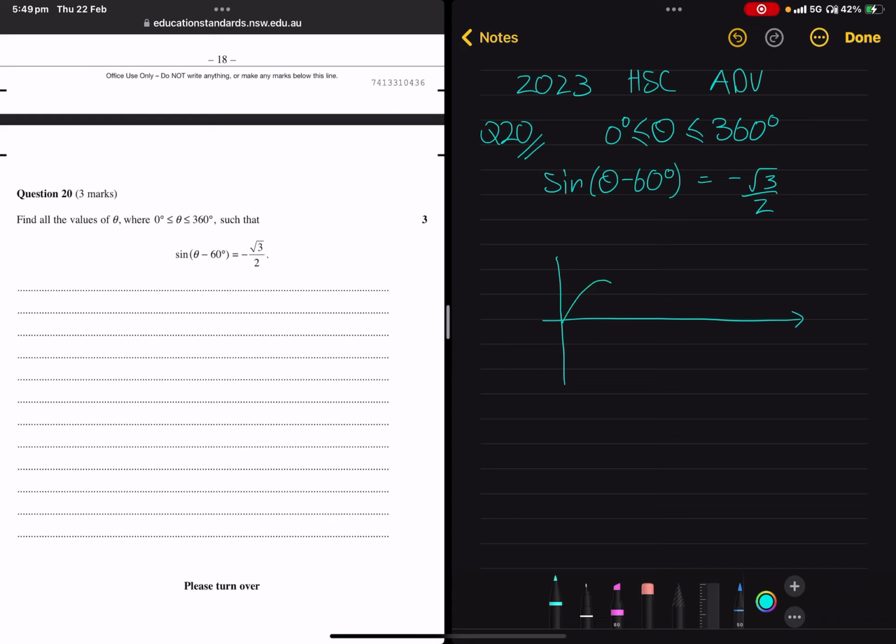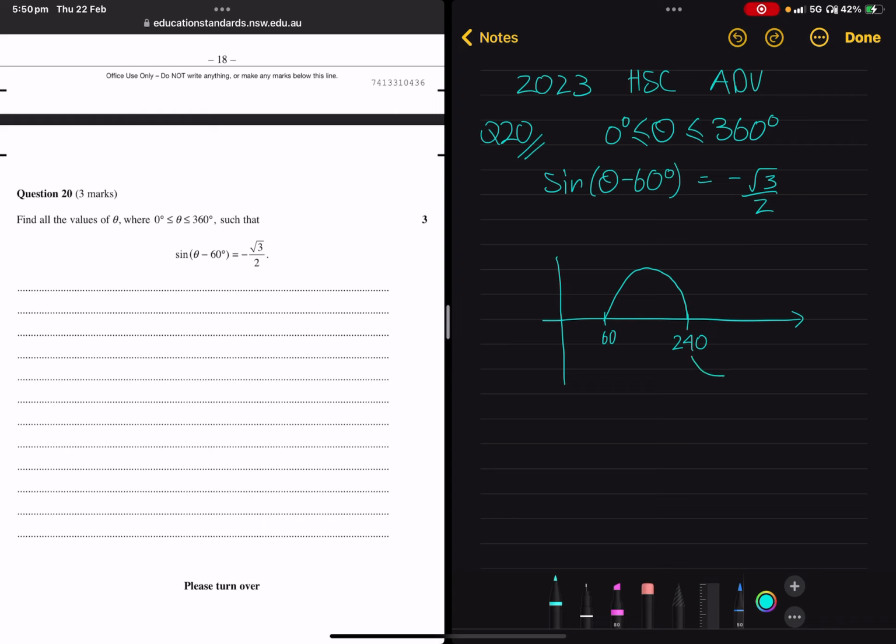Normally the sine function would look like this, but the whole thing needs to be shifted right by 60 degrees. So it's going to start at 60. It's going to complete half of a complete circulation at 240, and then it's going to complete the next part.